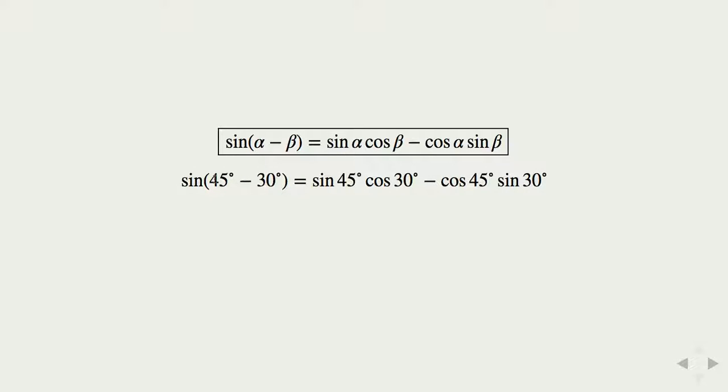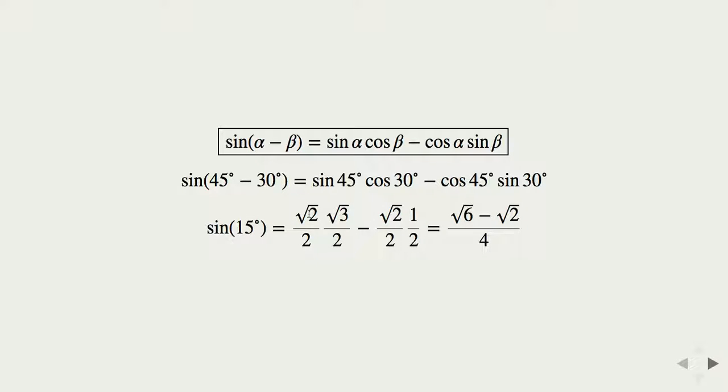Now we plug in, for example, 45 minus 30 would be 15, and we all know the values of 45 degrees and 30 degrees. So we plug in the values, we're going to get this multiplication, and then because square root of 2 times 3 would be square root of 6, that's the value. All right, so that's it. So we figured it out from the values of 45 and 30.